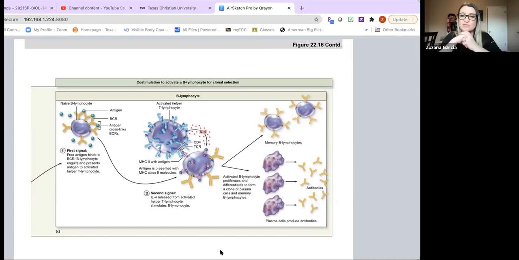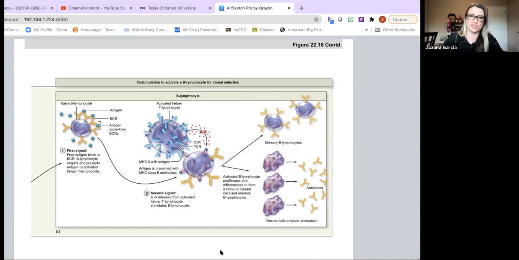Helper T lymphocyte comes along and binds to that antigen on the MHC class II molecule. And if the antigen presenting cell is a B lymphocyte, helper T lymphocyte will not release interleukin-2, but it will release interleukin-4. Interleukins are cytokines, these immune system cell molecules.